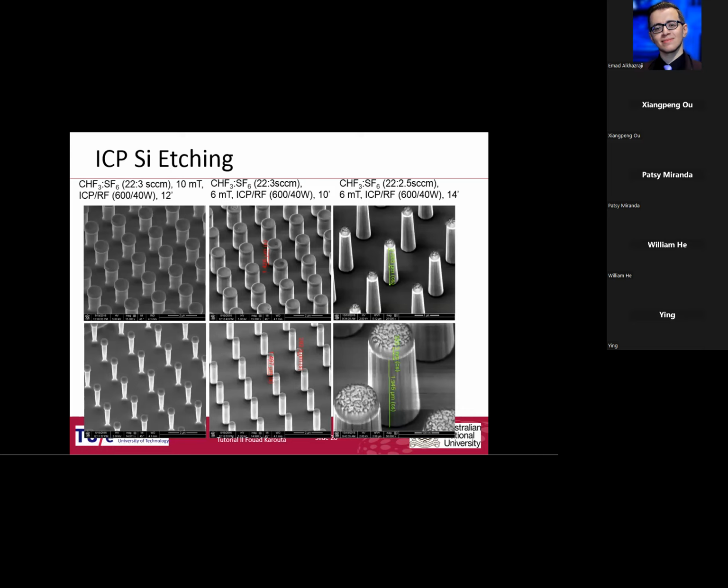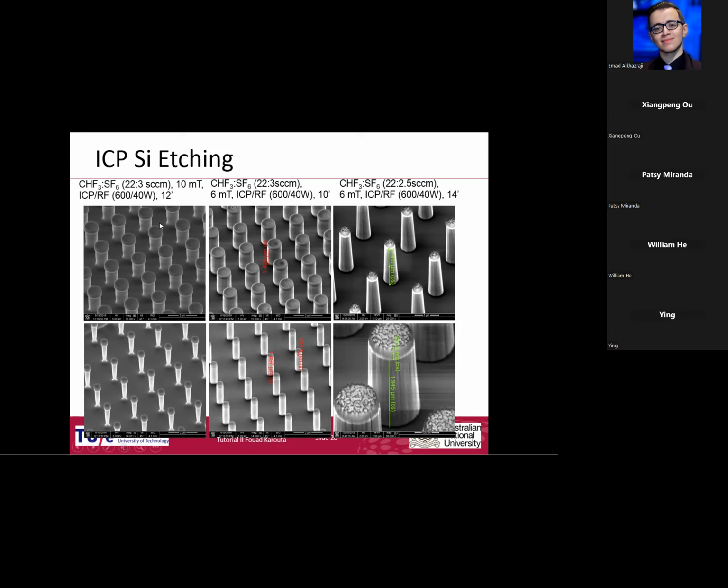Here I'm etching silicon in ICP using a combination of CHF3 and SF6. CHF3 I was using for etching silicon oxide, but SF6 is more commonly used to etch silicon. SF6 will give you a more isotropic etch, so you get a slanted shape.